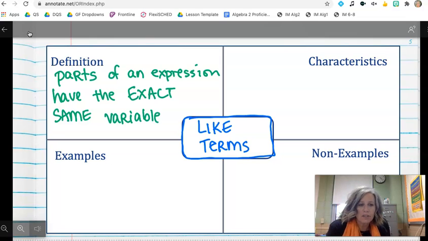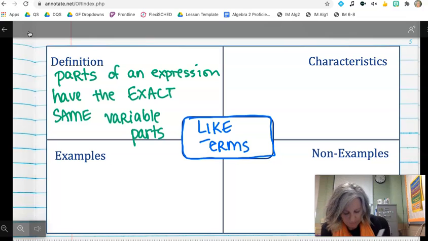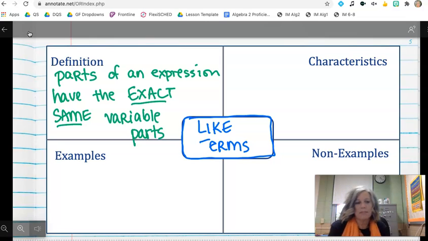Okay, so the letters or the numbers, the exact same variable parts. And what do I mean by the exact same? And if you need to, hit pause so you can write that down. Okay, so hit pause if you need to.